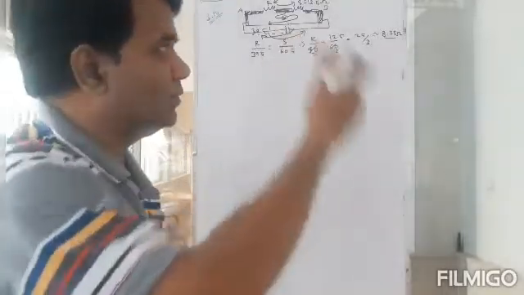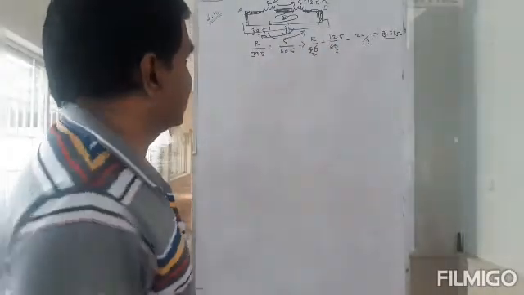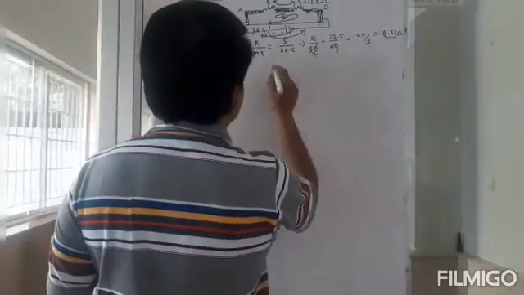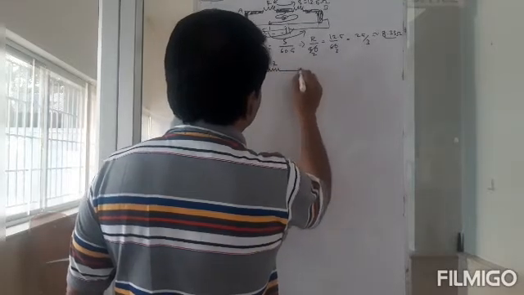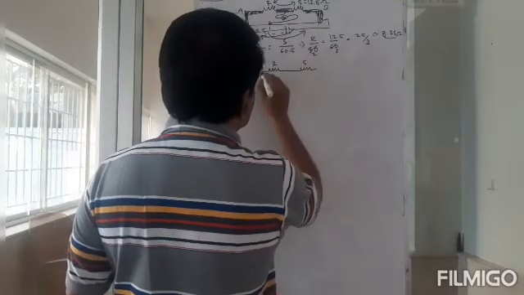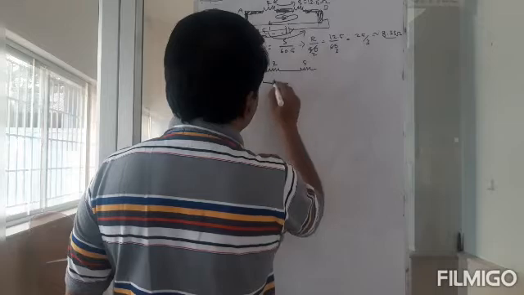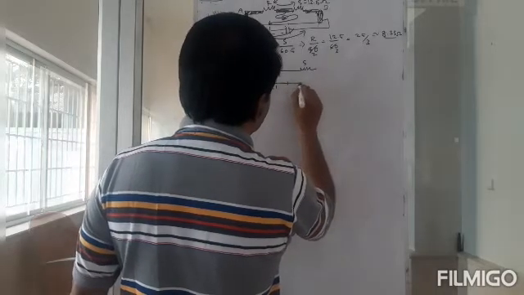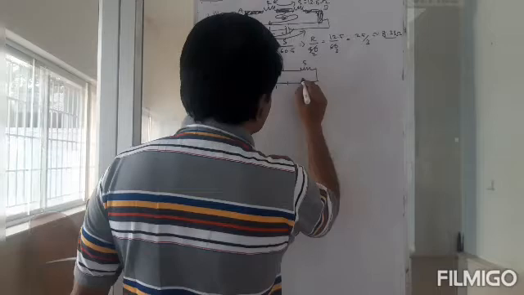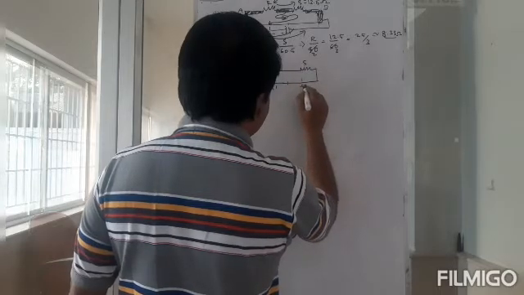If you do the circuit again, right now it is like this. R, then S, then L1, and then L2. This is the circuit. Okay?